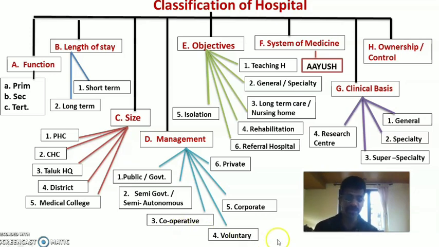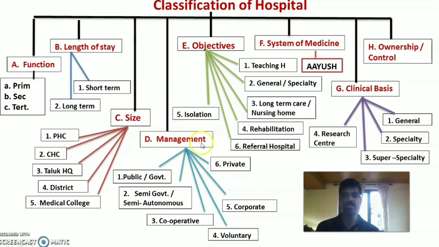Like that we have voluntary hospitals. Those are under voluntary services. Then we have corporate hospitals, that is company related hospitals like Reliance, Hinduja, Apollo Hospital, etc. Then of course we have a number of private hospitals by private management, or a group of private persons together may run various types of hospital, that is private hospital.